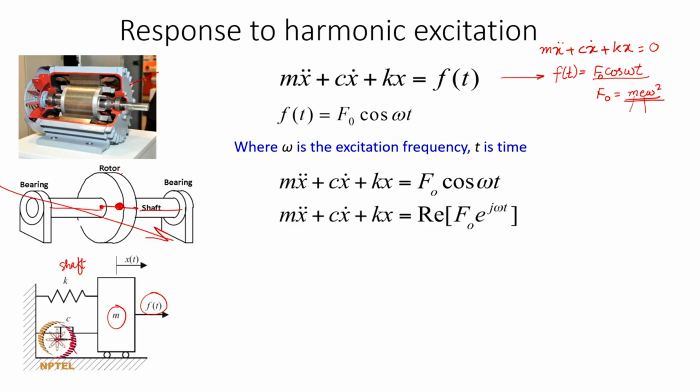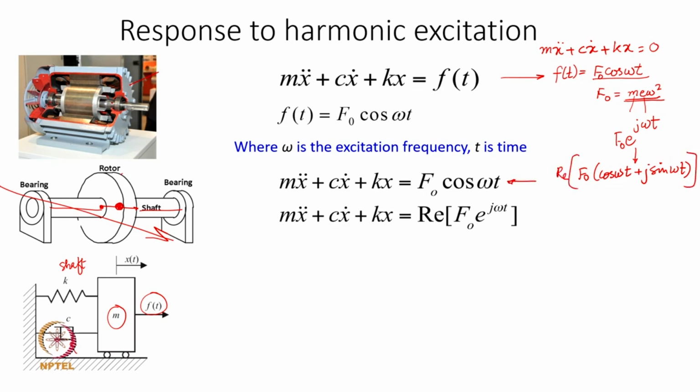The other alternate way is to represent f naught cos omega t as the real part of a complex forcing function, which is given by f naught e to the power j omega t, because we know that this can be written as f naught cos omega t plus j sin omega t. And if I take the real part of this forcing function, I get back this particular expression.